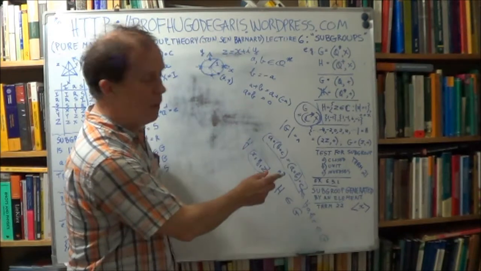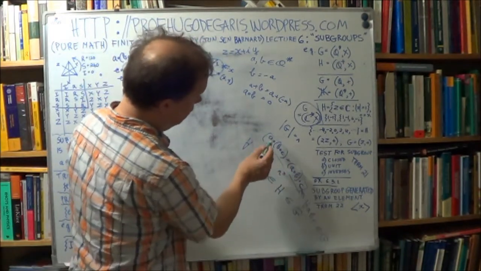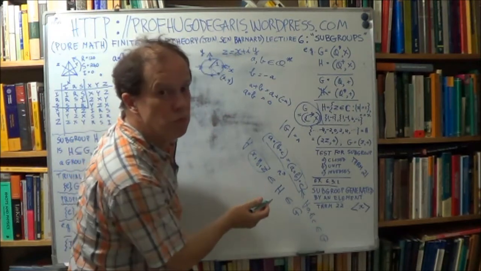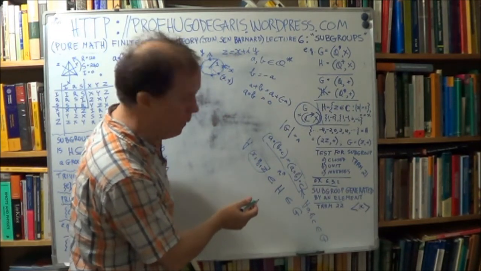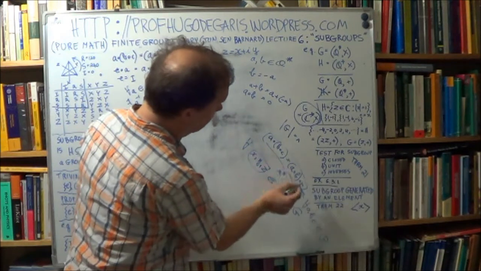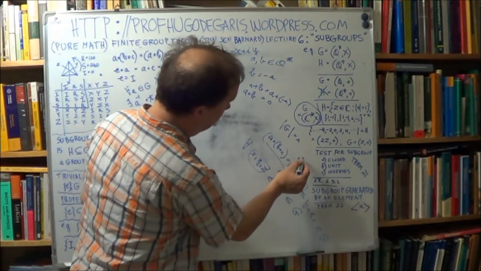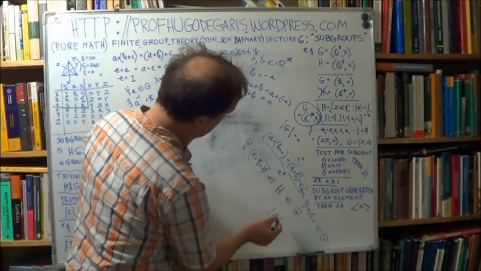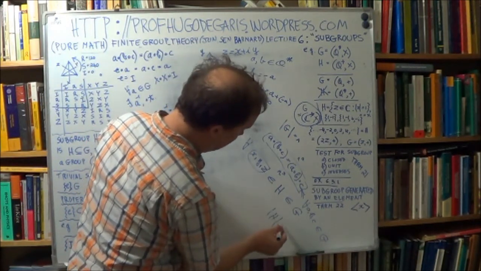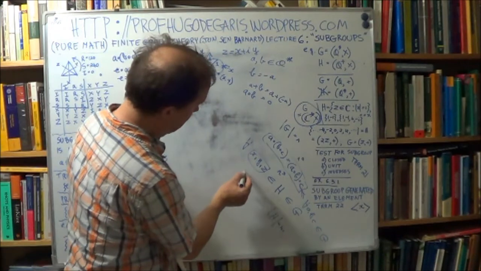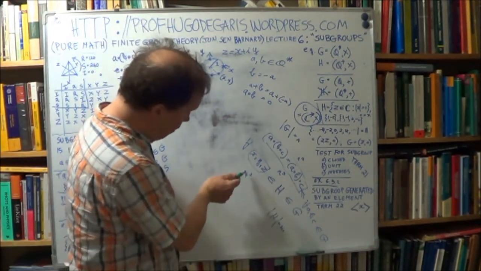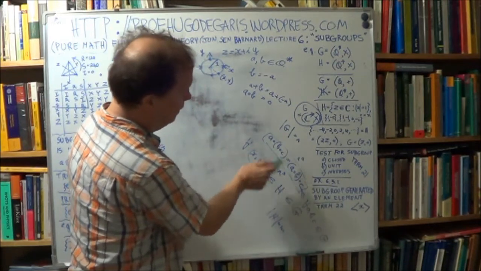Okay, well, just for your a, b, c, choose only members of H. Since this is true for all n cubed, and let's say the order of H is m, you'll have m cubed possibilities, but all of these are included in this.